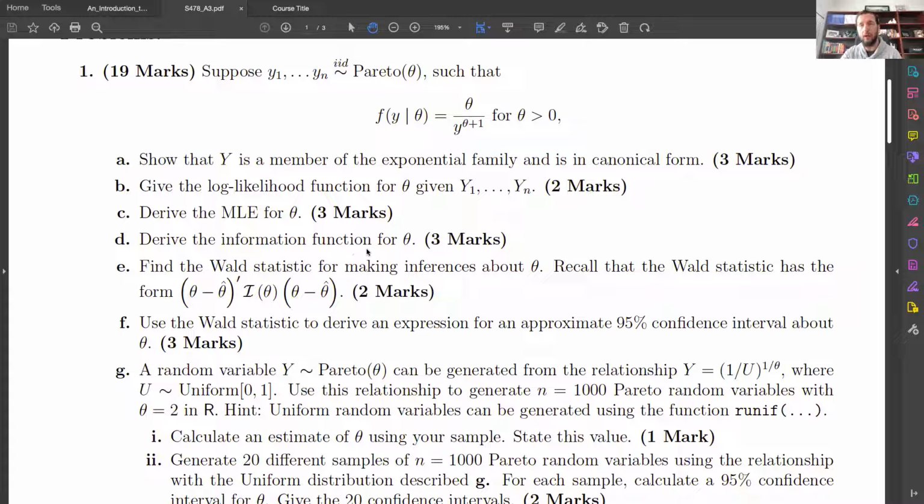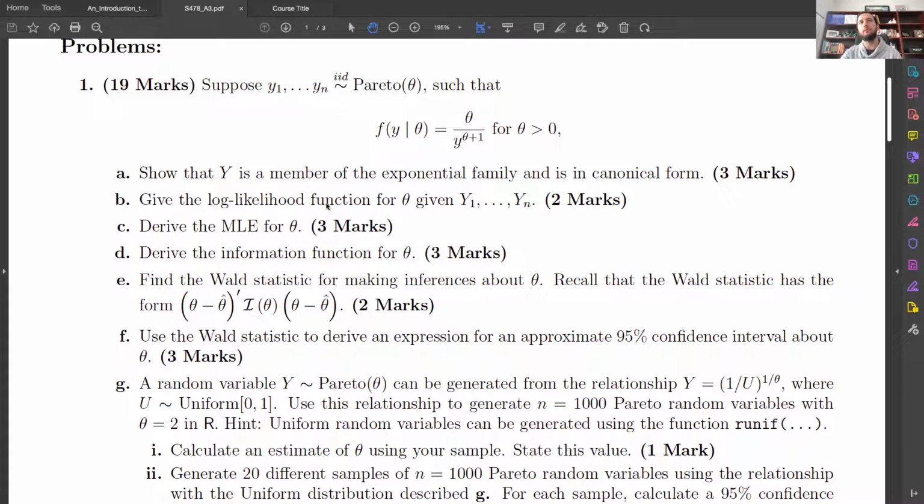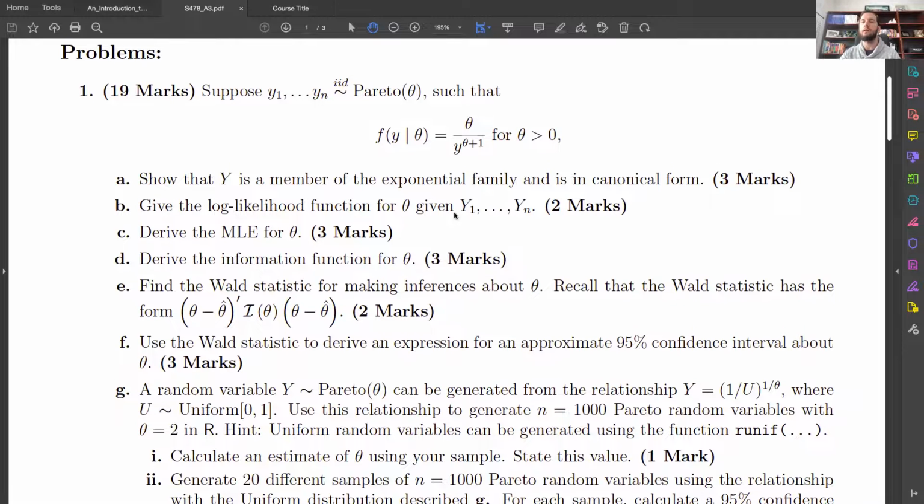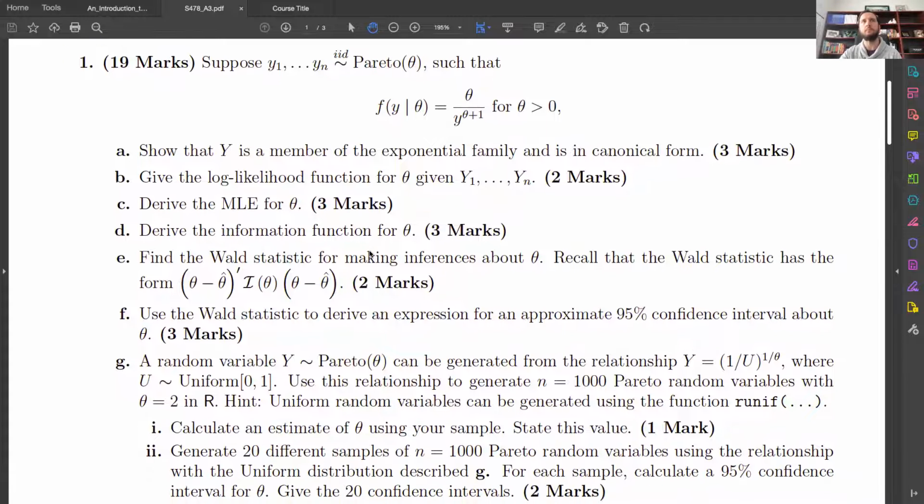You can do it that way, but we derived the log likelihood function, the score function and the information function for the general exponential family random variable. So you can use those results. And that is what you will see on assignment number 2, if you review the solutions, that I directly just use those results to compute the functions that I need.